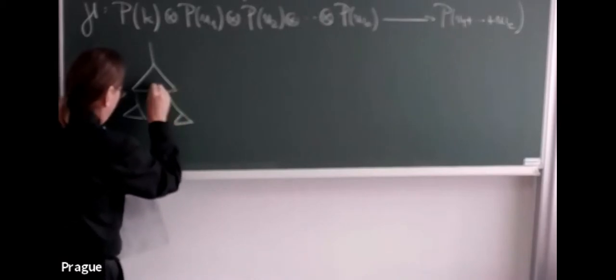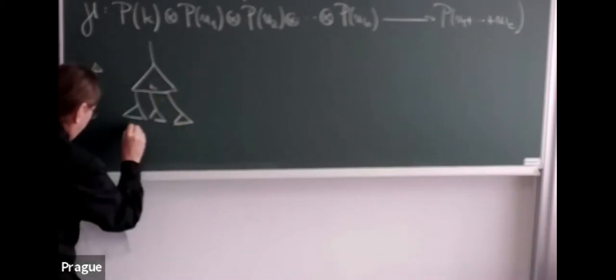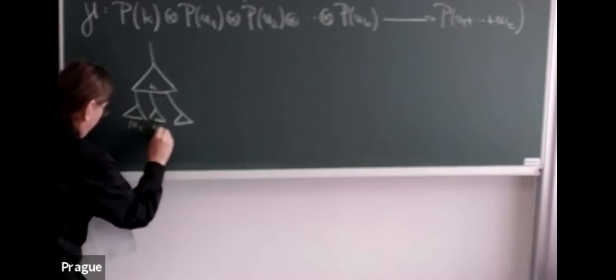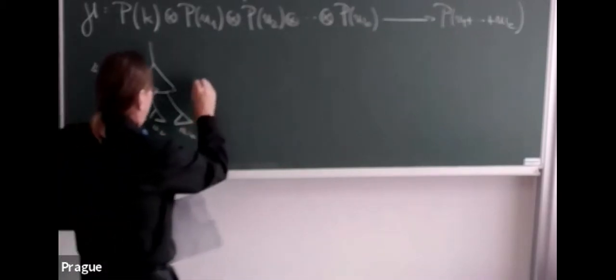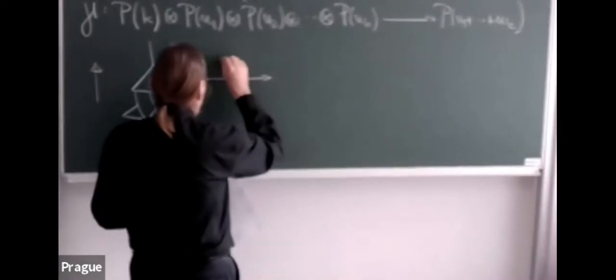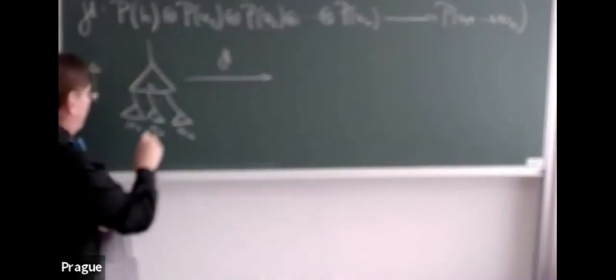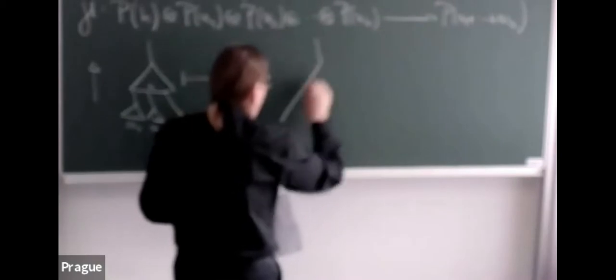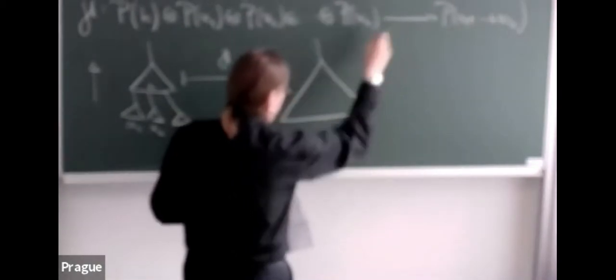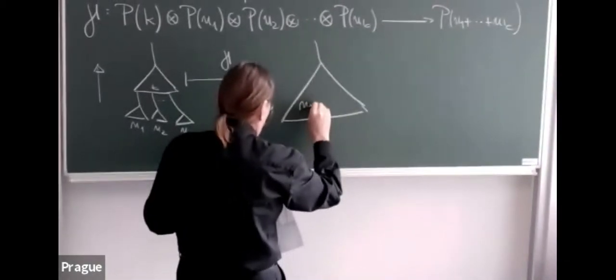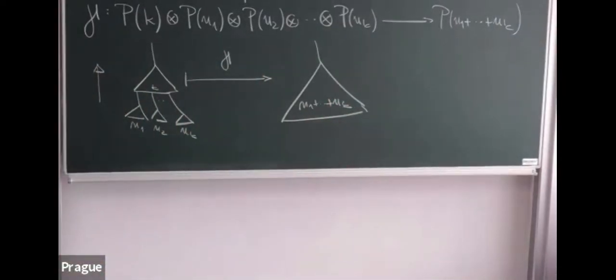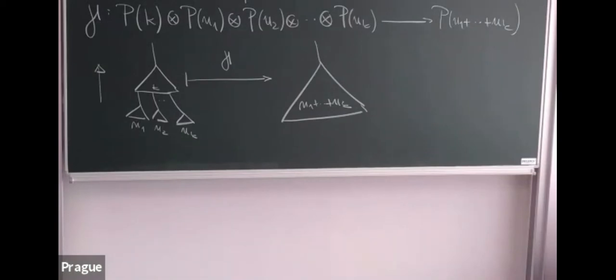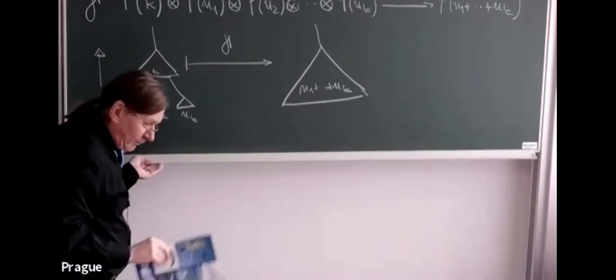So this fellow has k inputs, these fellows have n1, n2, up to nk inputs, and the result is something which has this number of inputs, n1 plus ... plus nk. All right, so this is Peter May's definition of operad.